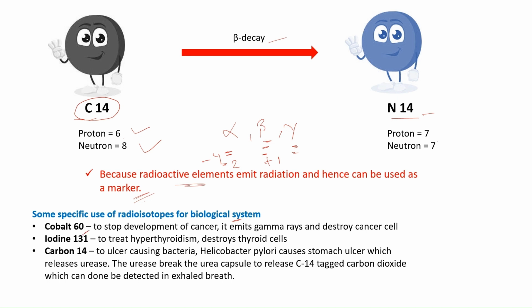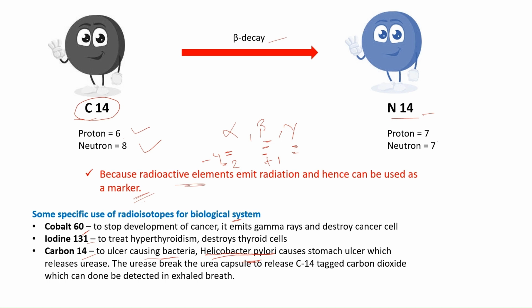It is used to stop the development of cancer cells because it emits gamma rays and destroys the cancer cells. Iodine-131 is used to treat hyperthyroidism because it can help destroy thyroid cells. Carbon-14 is used to identify ulcer-causing bacteria, that is Helicobacter pylori.